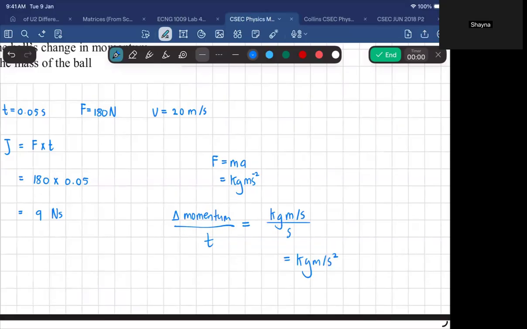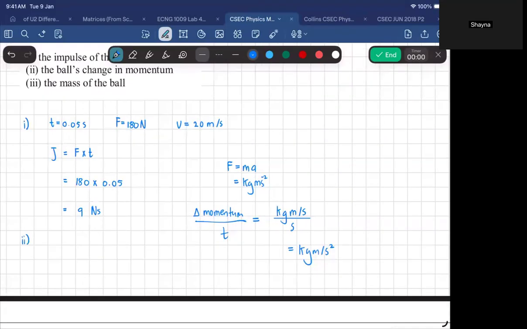It should work out. Let me just check this. F is equal to m times a, so that's kg ms minus 2. Impulse is just change in momentum over time. So momentum is kg m/s, over s, right? Okay, that's weird.